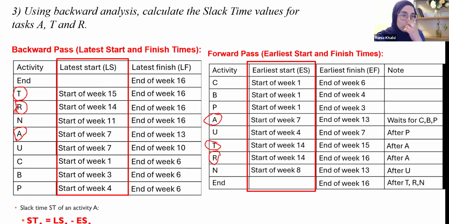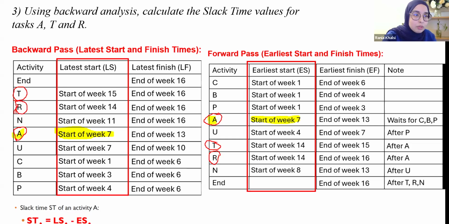Now for each of them I will compute the difference. For A, the latest start, which is 7, minus the earliest start for A, which is 7. So I will do this for A.